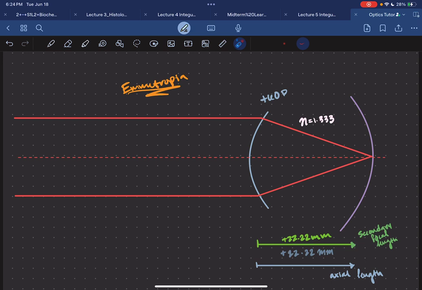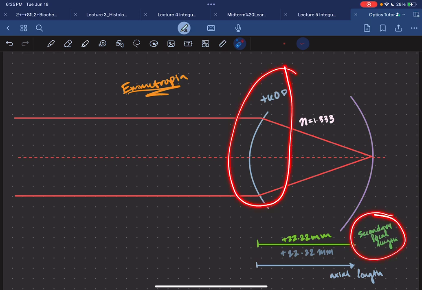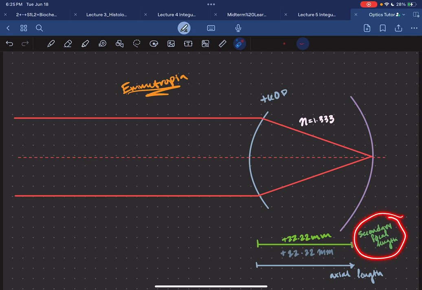So for emmetropia, what we're looking at here is the secondary focal length. This is the secondary focal length of the front surface power. And that secondary focal length matches the axial length of the eye.